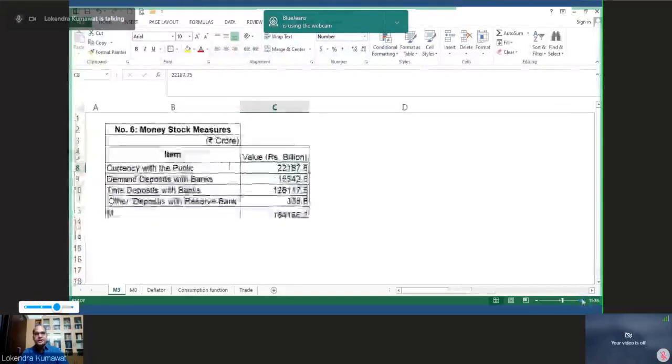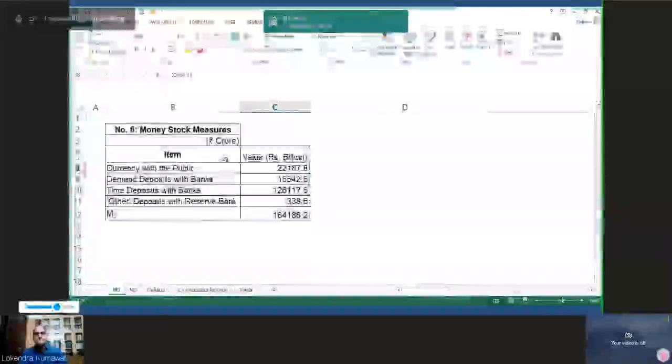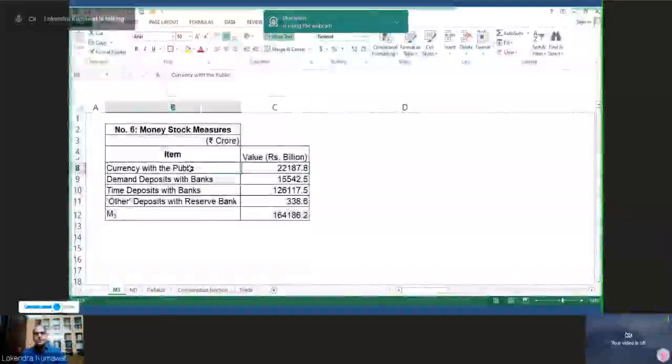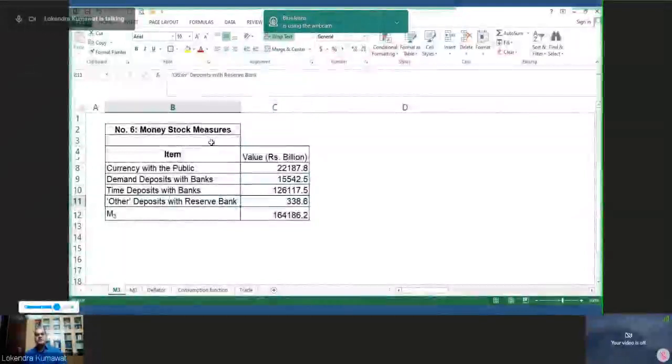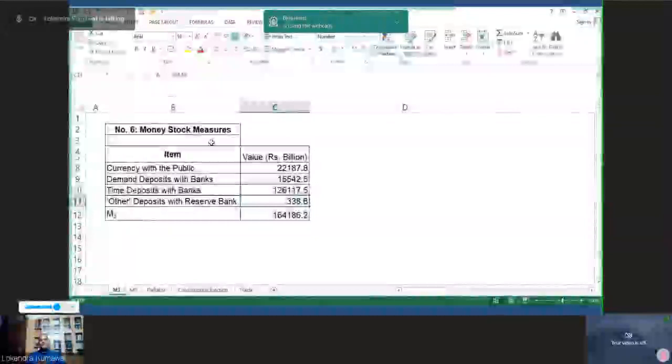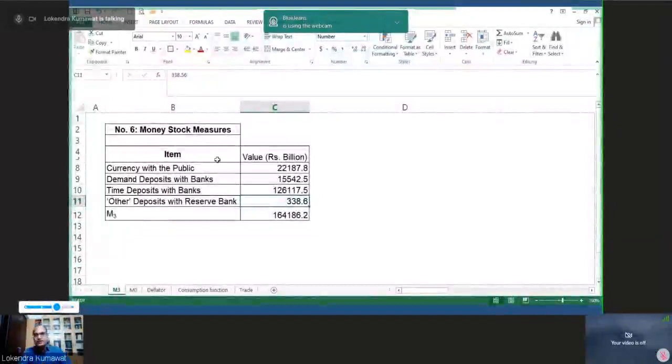It is given that currency with the public is this much, demand deposits is this much in rupees billion, time deposit with the bank is this much, and the other deposits with the Reserve Bank is this much. So as you can see in the formula given in your book, my M3 is given by currency with the public plus demand deposit plus time deposit plus other deposits. If you add these four, you will get this value.